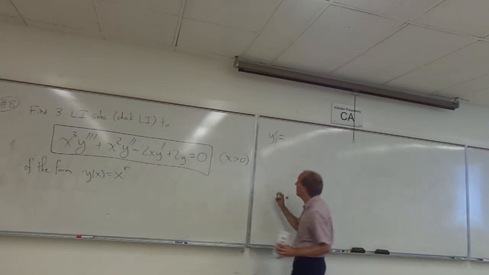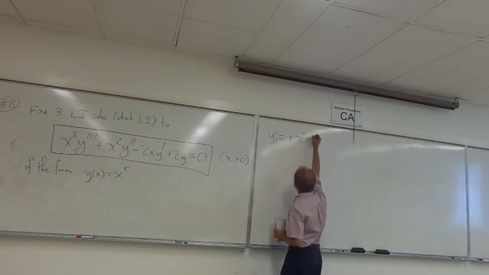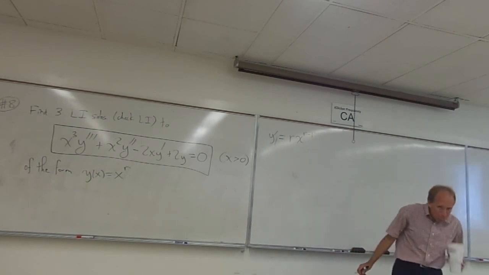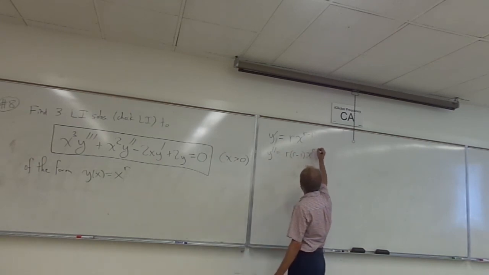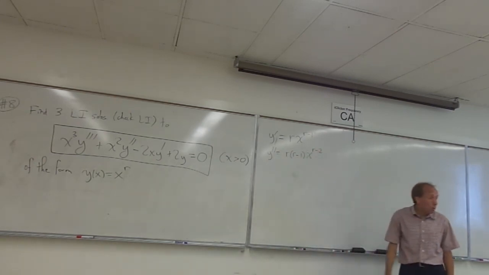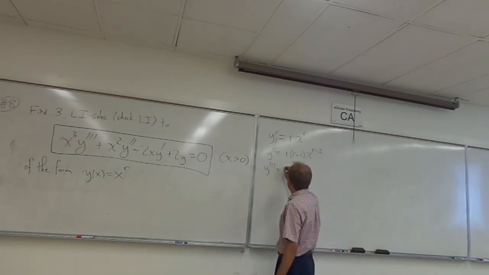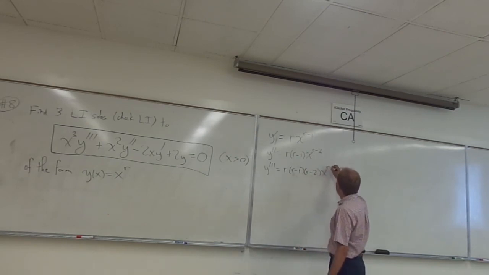So y prime is r times x to the r minus 1. Hope everybody remembers their derivatives. Then y double prime is r times r minus 1 times x to the r minus 2. And then y triple prime is r times r minus 1 times r minus 2 times x to the r minus 3.